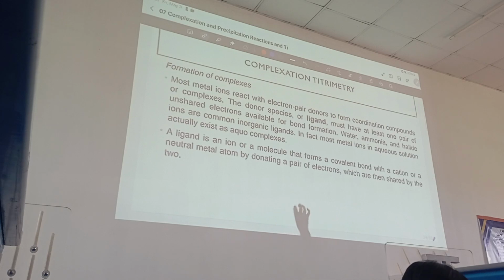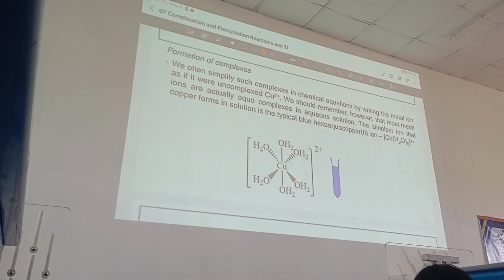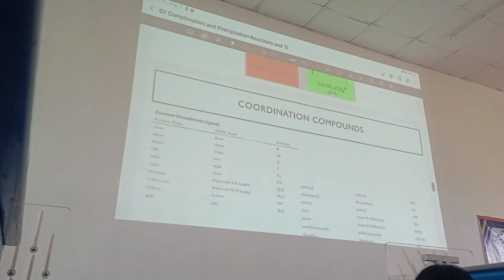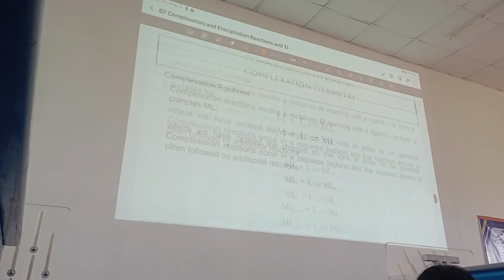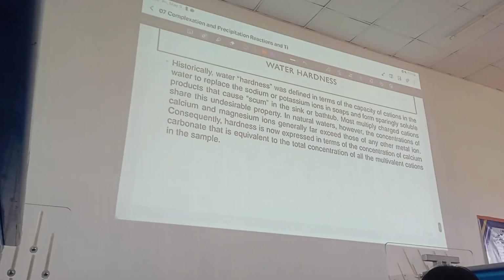Complexation titration. Then with color, then reduction, in terms of pH calculations, then water hardness study.